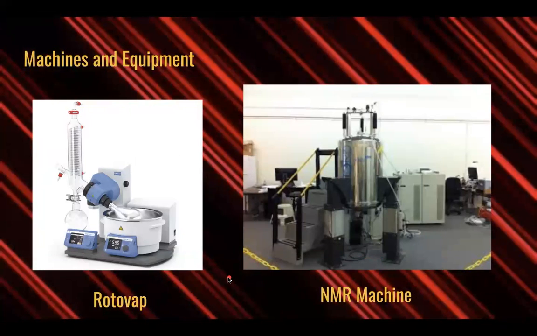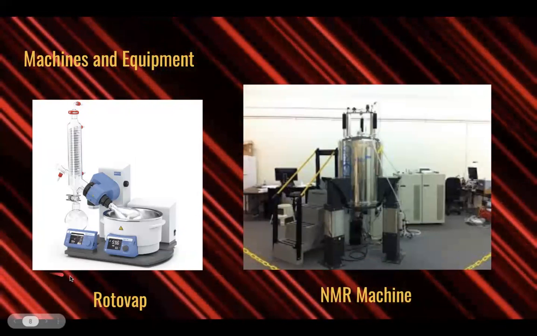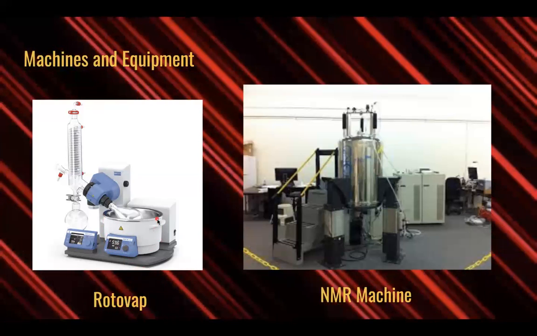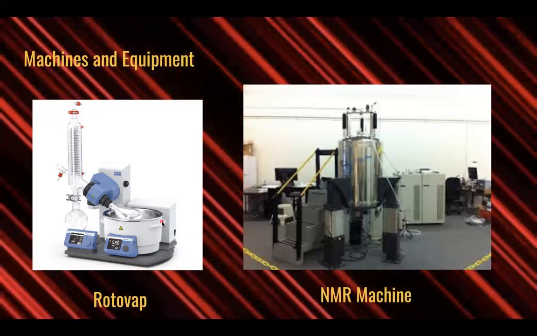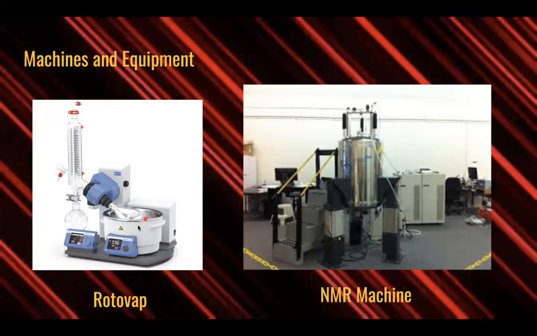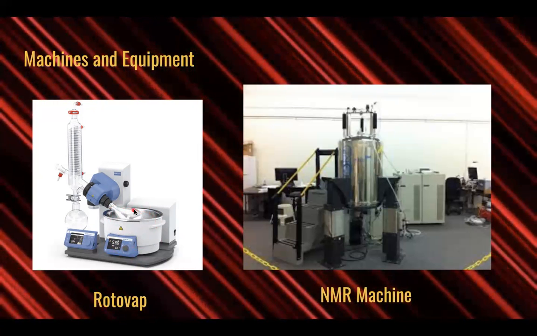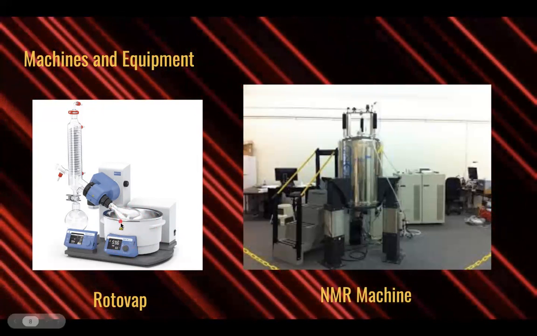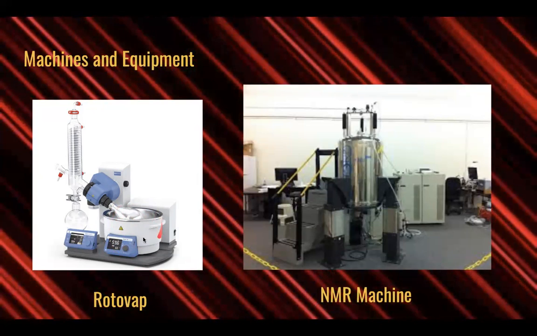So some of the machines and equipment that I used throughout my time in my Acre were a rotovap. So a rotovap is really just this container or this basin. It's a hot liquid. It could be either water or another type of solvent that would have different boiling points, and it would heat up a sample of whatever you have. Maybe this be your end product, maybe this be one of your starting materials. But usually when you want to get off some type of solvent within your sample, you would heat up this basin, right?